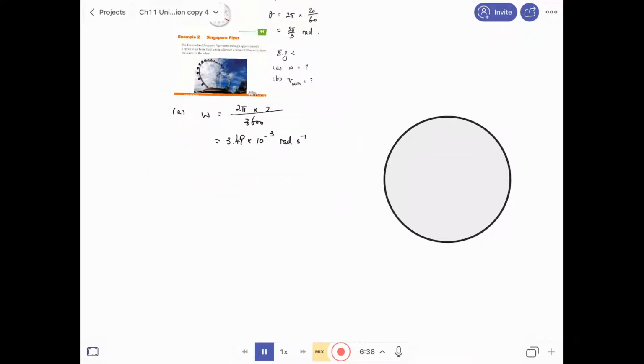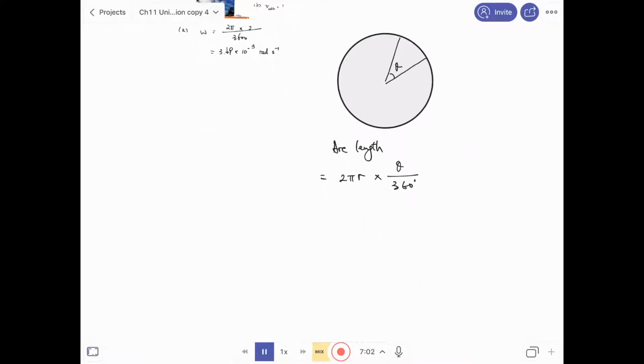For part B, you have to recall a bit of math. Bear in mind in junior form when we want to calculate arc length, the formula for arc length equals 2 pi r times theta over 360. And note that in our system here, 360 is 2 pi.